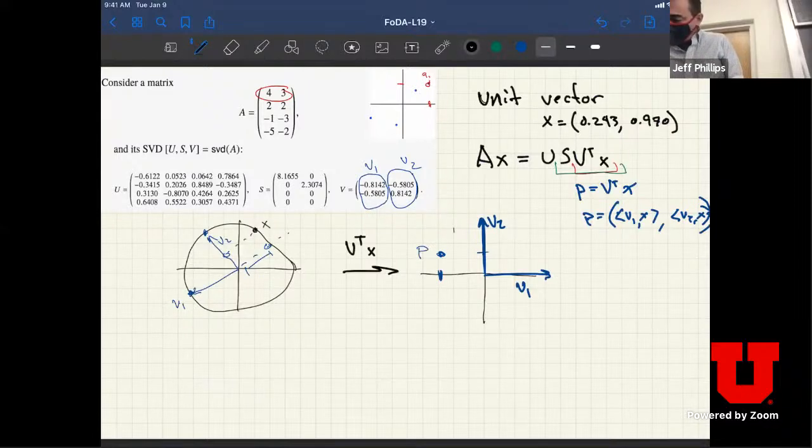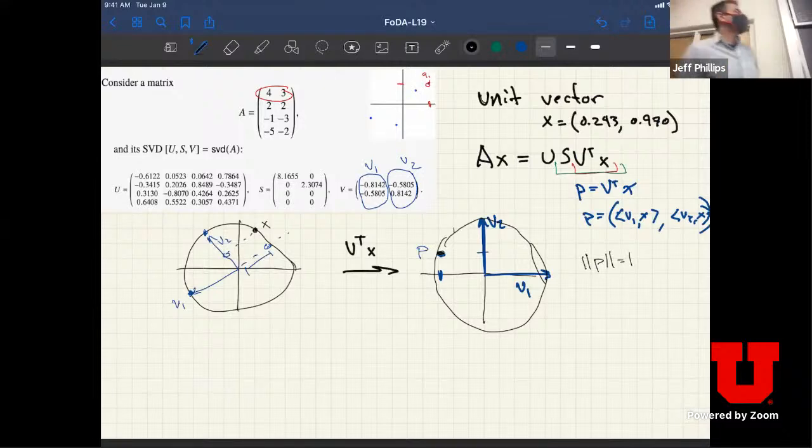One thing we'll see, if I did this correctly, is that P should still lie on the unit circle. Multiplying a unit vector by an orthogonal matrix gives back a unit vector. So the length of P is still 1, but I've changed the basis.